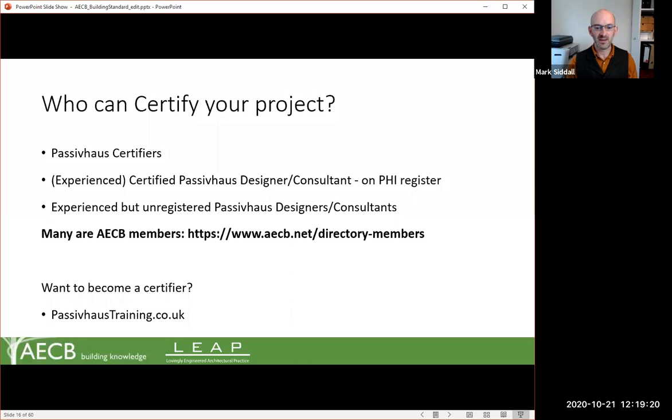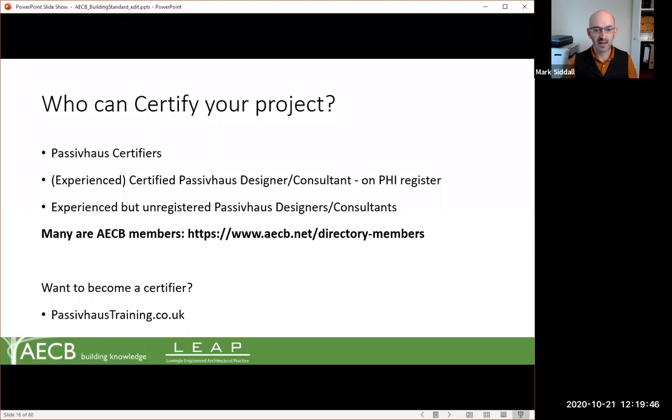You can also use people that have passed the Passivhaus designer or consultant exam and have experience of delivering Passivhaus projects, because they're maintaining their experience in delivering actual projects. Many of these are members of the AECB, so you can find certifiers by looking on the AECB members directory.